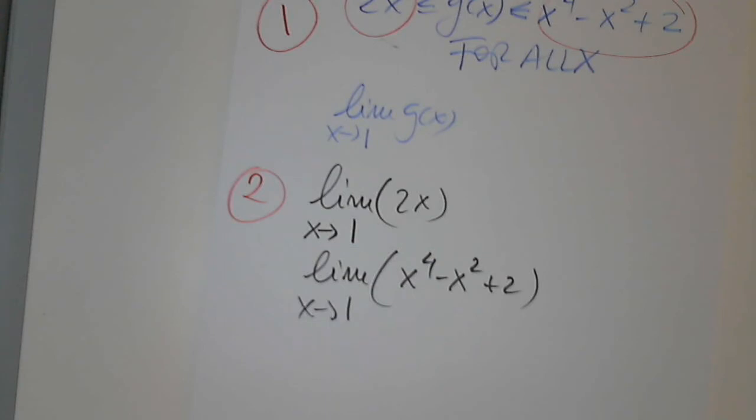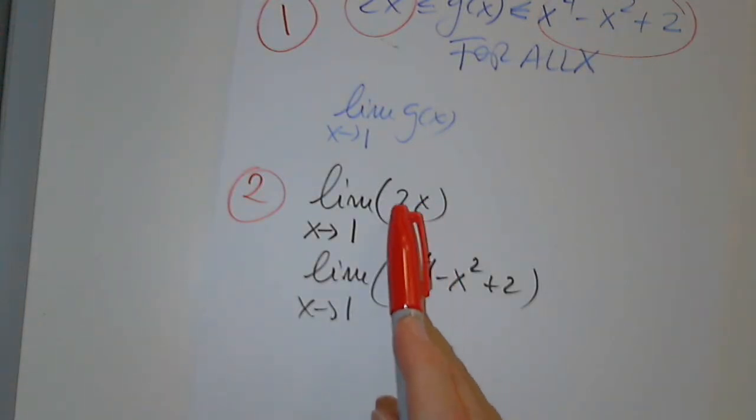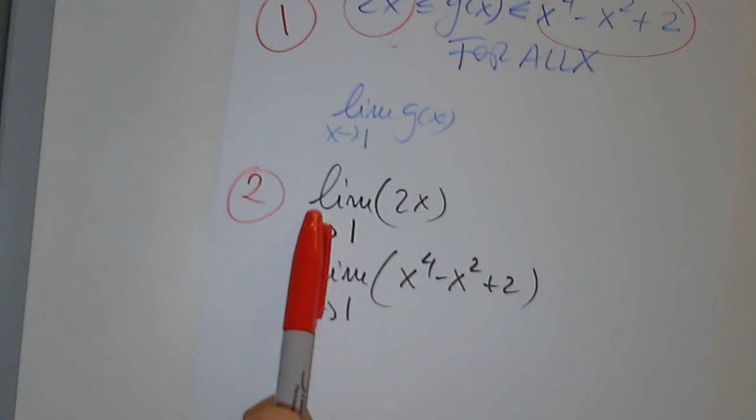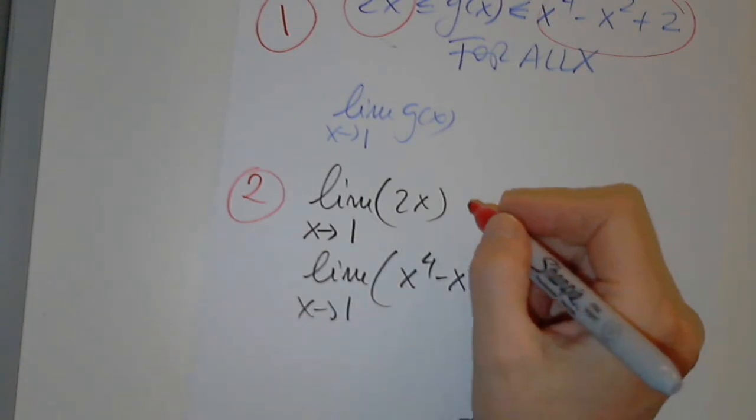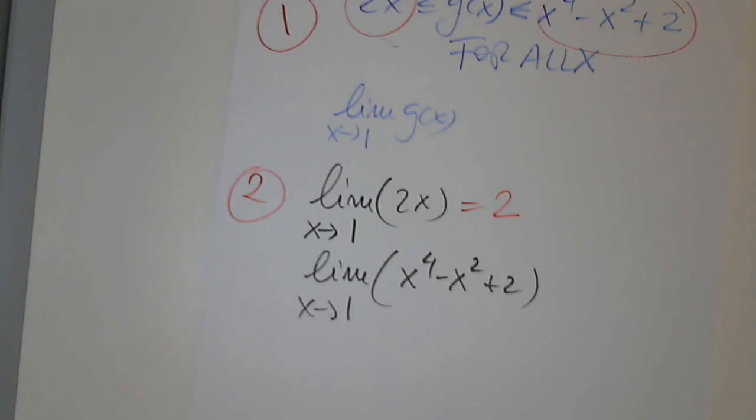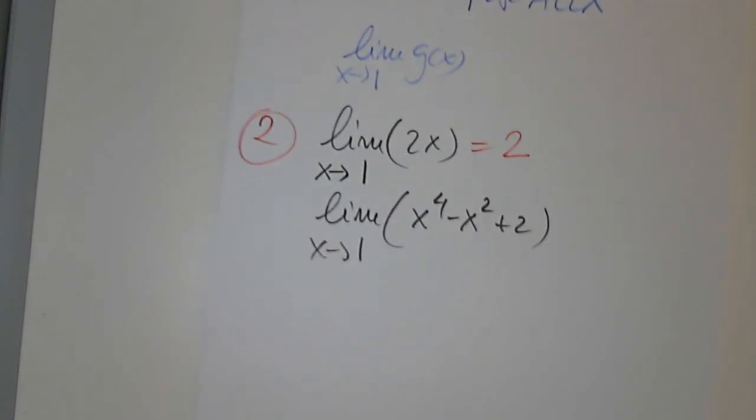First of all, let's see if they exist. Good. What do we do with 2x? We had an example a few minutes ago. I mean, not a limit law a few minutes ago. We said that the constant goes in front. And then how much is the limit of x when x approaches 1? How much? 2. Yes, it is. The whole thing is 2. Correct. Perfect. What about the limit of the second one?